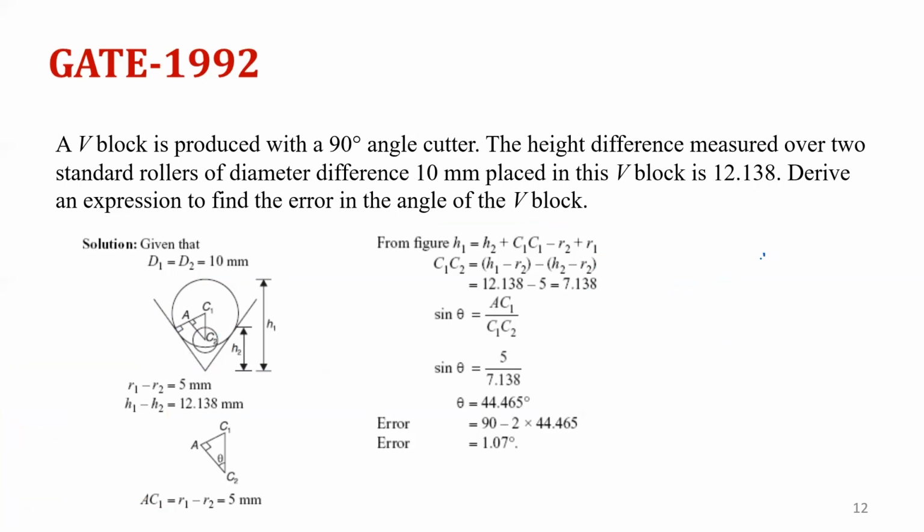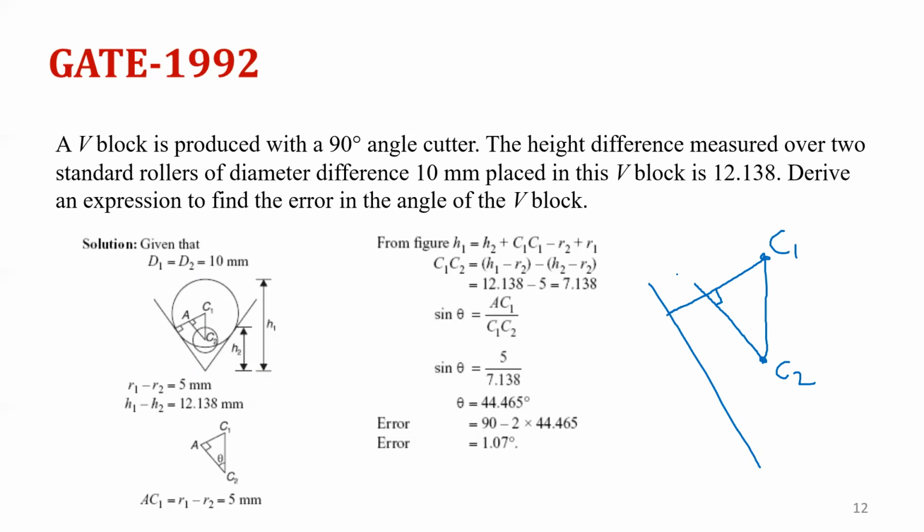This is C1 and this is C2. This is the center distance and this is the V. So we draw a parallel line and then drop a perpendicular. Here is 90 degrees.